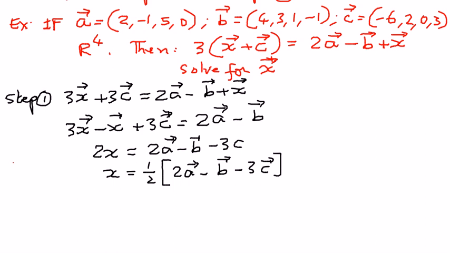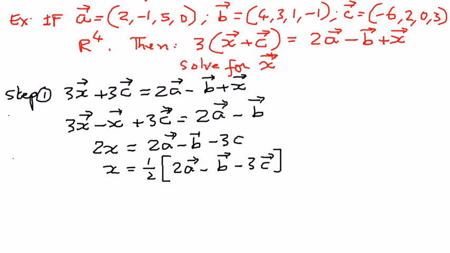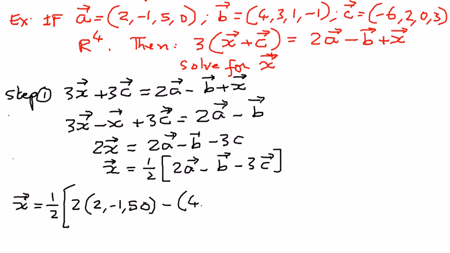And now it is just a matter of plugging in the numbers and being able to solve for the vector x. So vector x is going to be equal to 1/2 of 2 times vector a, which is given to us as 2, -1, 5 and 0, minus vector b, which is given to us as 4, 3, 1, -1.